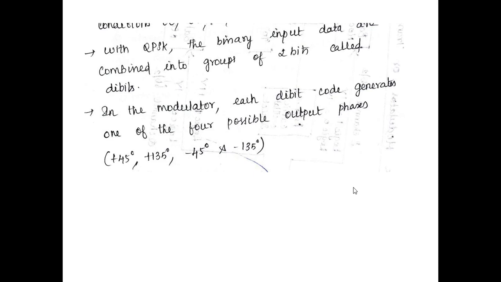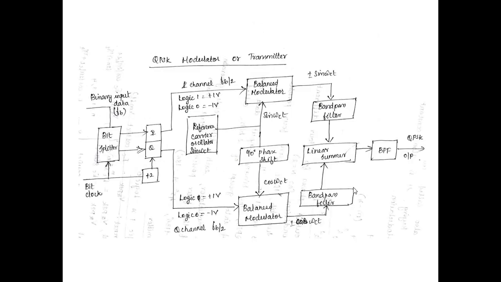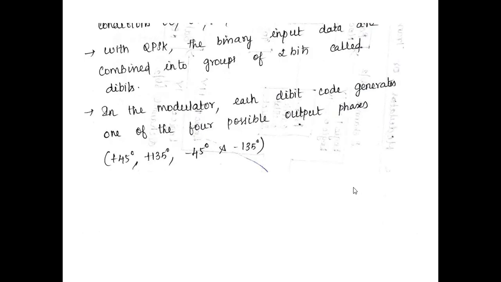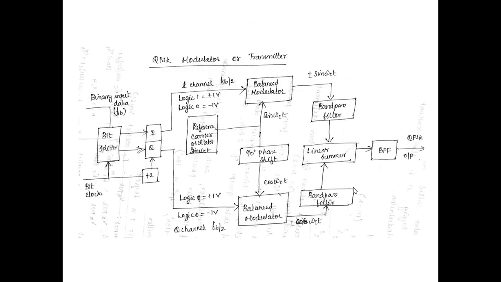So the first equation is cos(2π fc t + π/4), then cos(2π fc t + 3π/4), and the other two are the minus terms. So there are four different phases over the full 0 to 360 degrees.